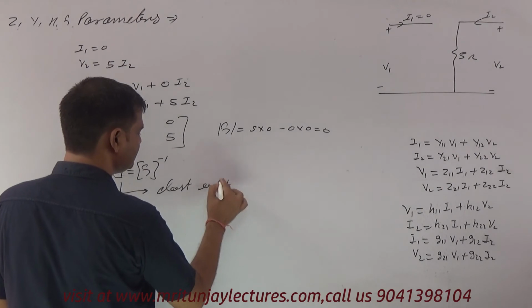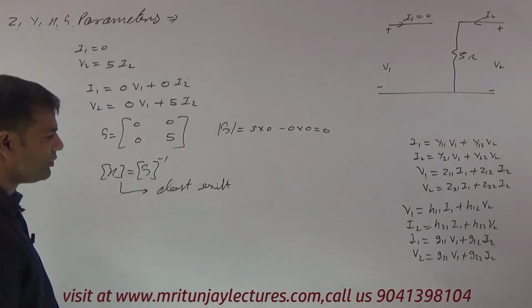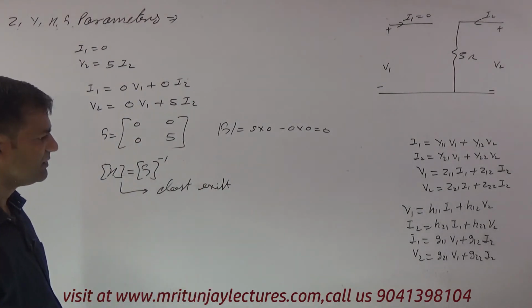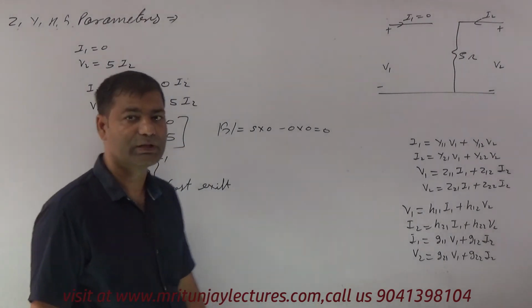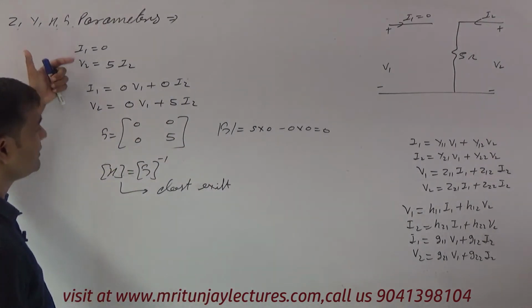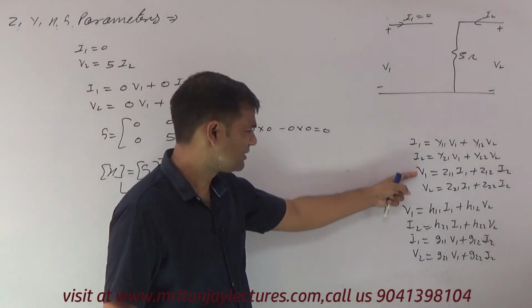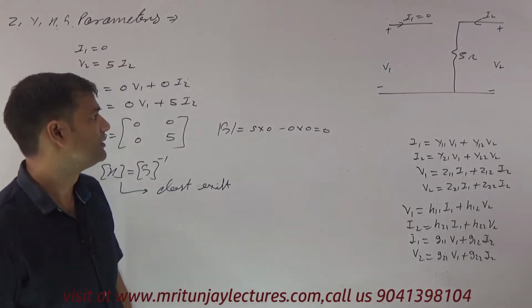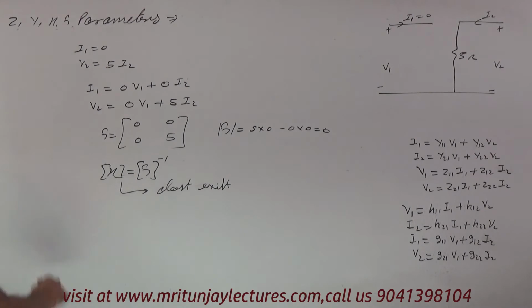Clear or not? Only G parameters are available here, because I1 is not given corresponding to this one. So only here H parameters exist.